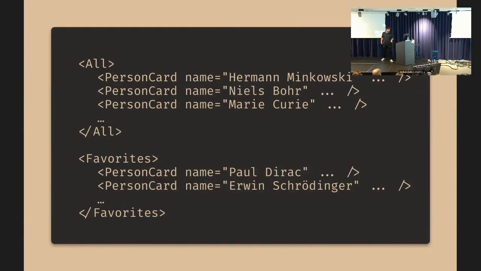And this is how the code for that looks. I'm assuming React in here. It really doesn't matter. It's just that this allows me to represent this in the code. And in this case, we have a wrapper for all that has a list of persons, and another wrapper for the favorite ones.